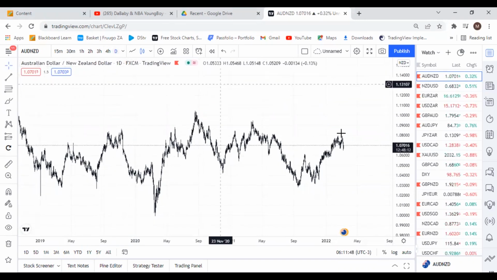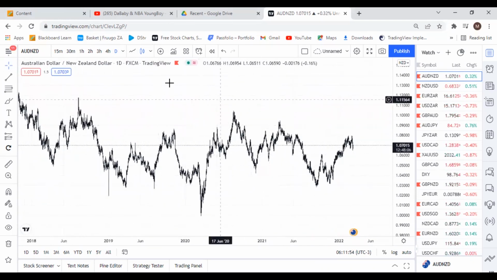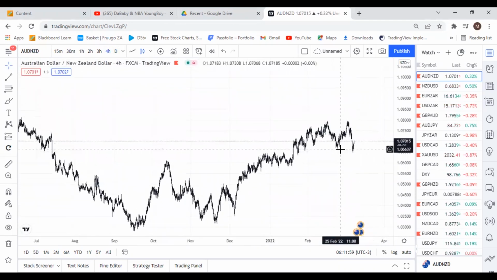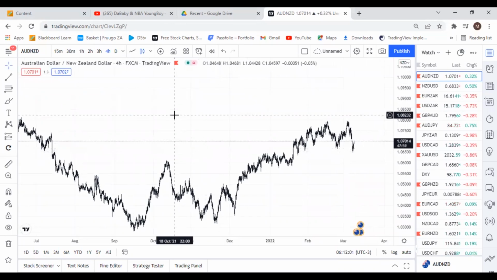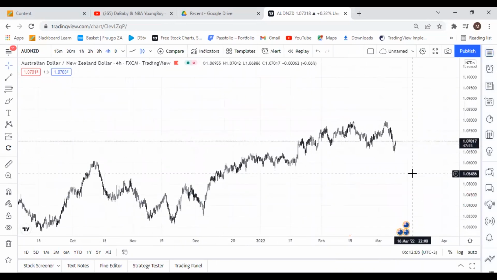So okay, let's just jump into it. With this one, I'm going to jump to the 4 hour time frame, because this is just to show you how to protect your accounts from major losses instead of breaking down everything.